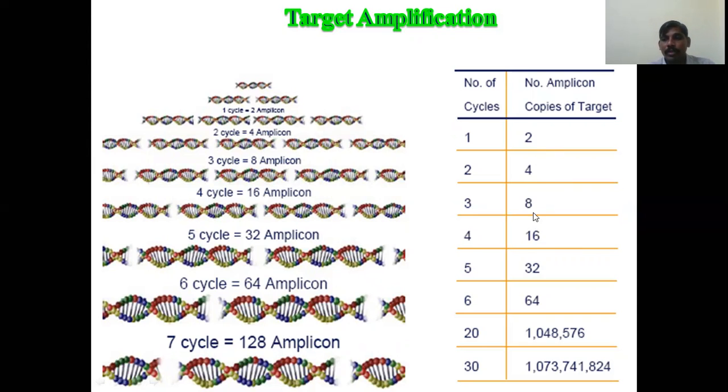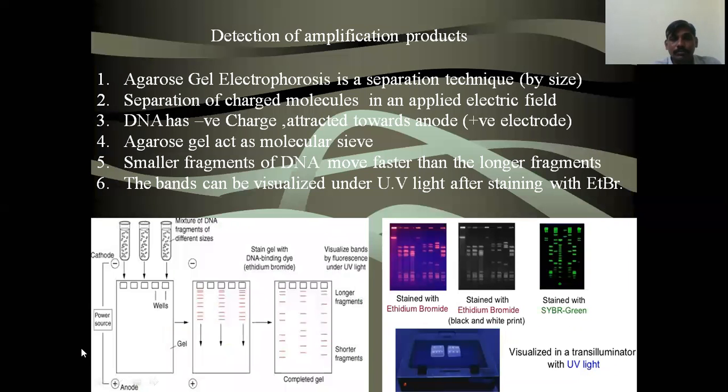In this way, the number of copies increases with each cycle. For example, after completion of 20 cycles, we are getting 1,048,576 copies. So in this way, millions of copies are produced by the PCR mechanism.